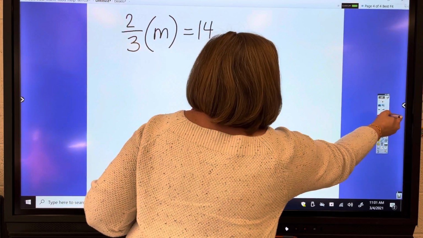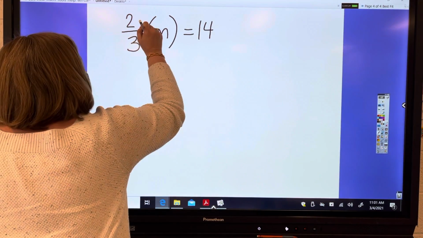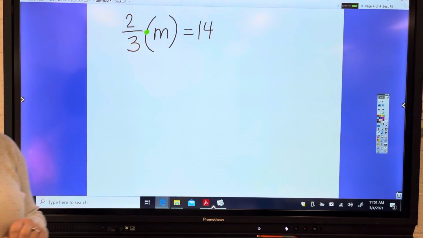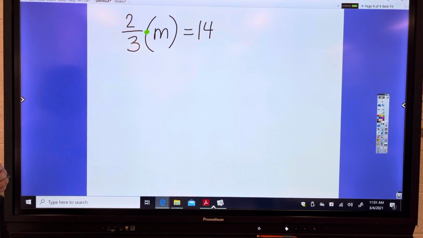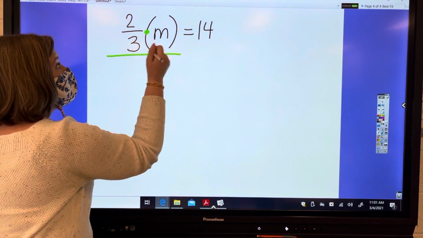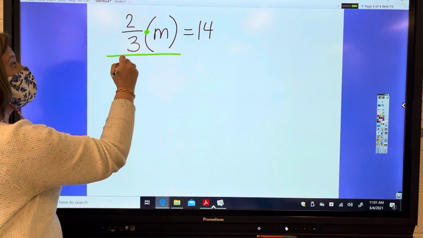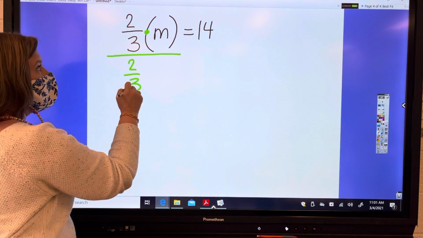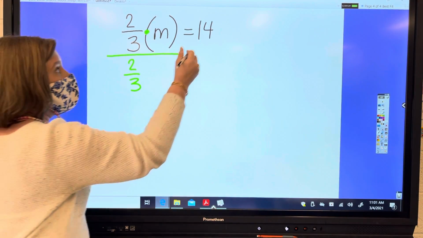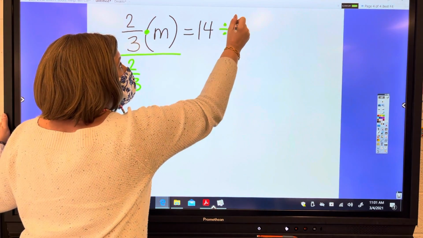Multiplication. Now, how do I get rid of multiplication? Turn it to division. So I'm going to divide the left by 2/3, and I'm going to divide the right by 2/3.